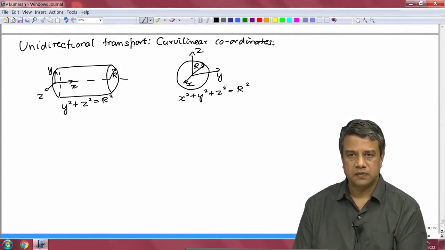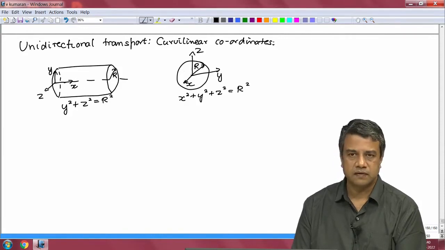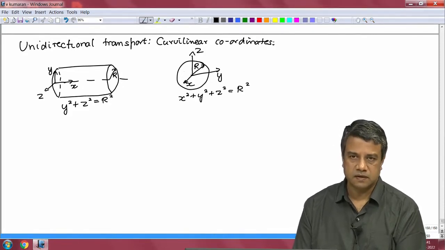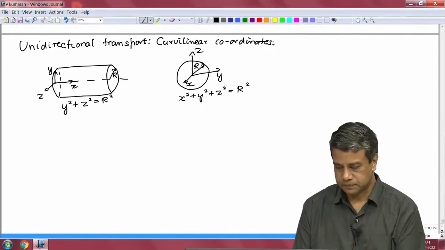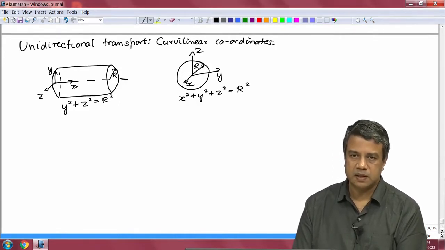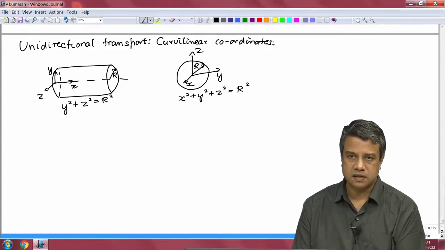If we have to apply boundary conditions on a surface of constant coordinate, that means that the boundary of the domain in this case should be a surface of constant coordinate. In the case of a flow in a pipe, for example, the boundary is a surface which is at a constant distance from the axis.